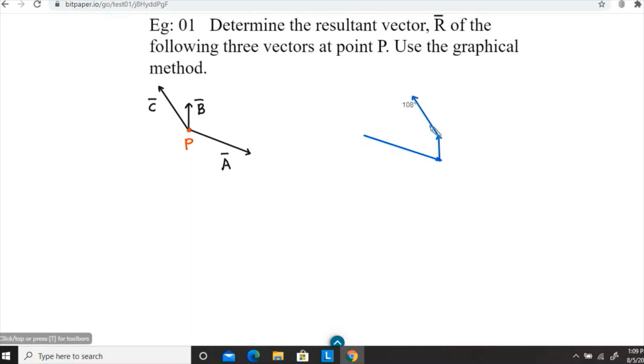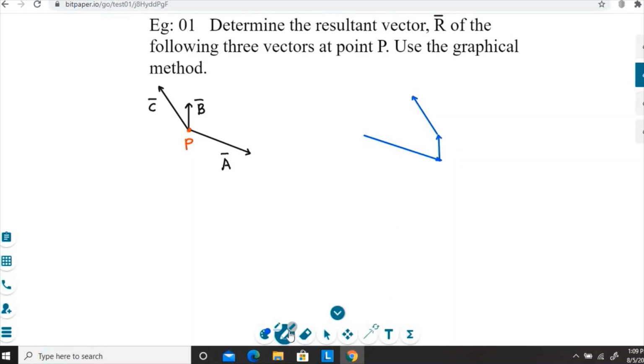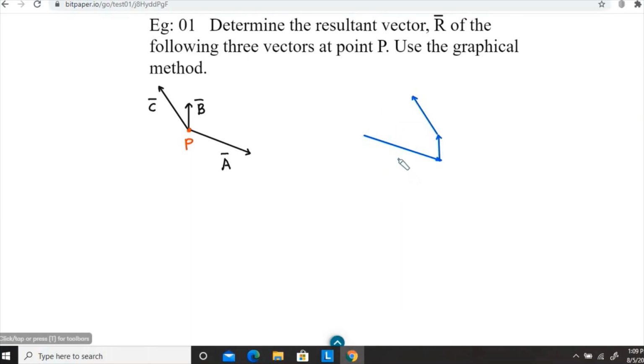And that's my vector C. Now, let me label them. So this is my vector A, this is my vector B, and then this is my vector C.